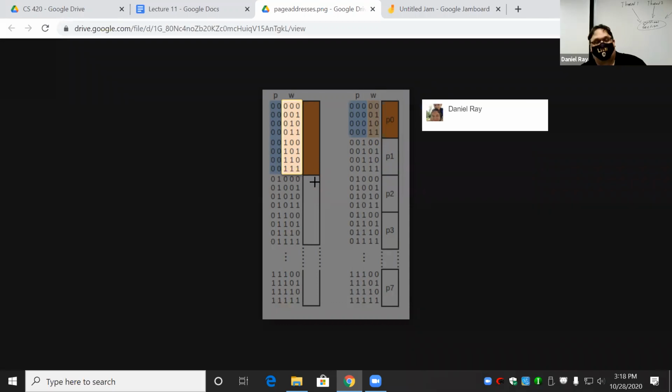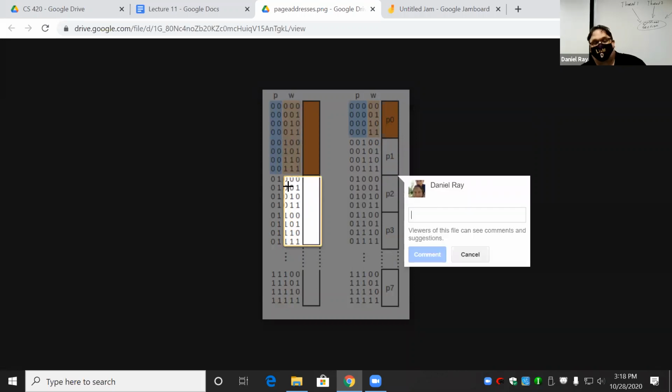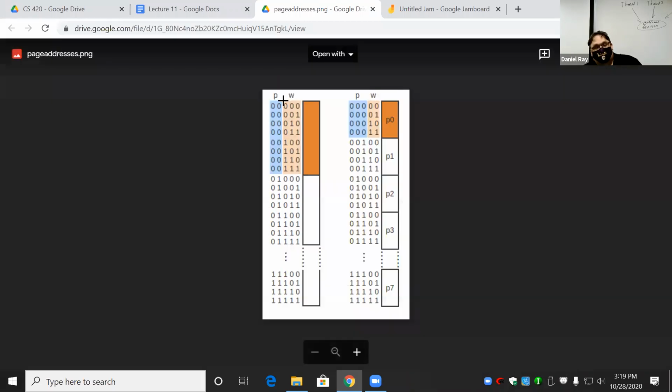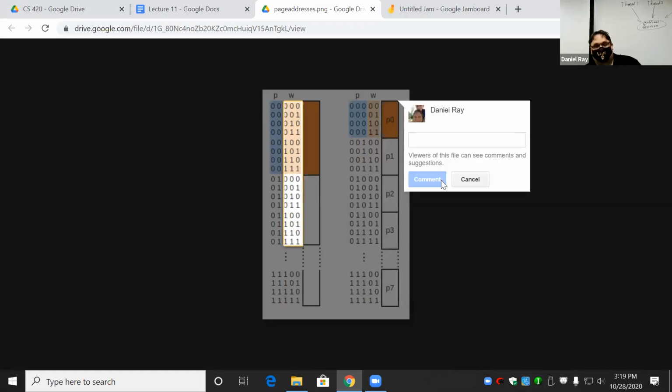And then the next page is also going to be, because we use 3 bits, 8 words long. 2 to the 3, in other words, because we use 3 bits. So the 3 bits that we used to represent the individual words in each page determine how big the pages are.